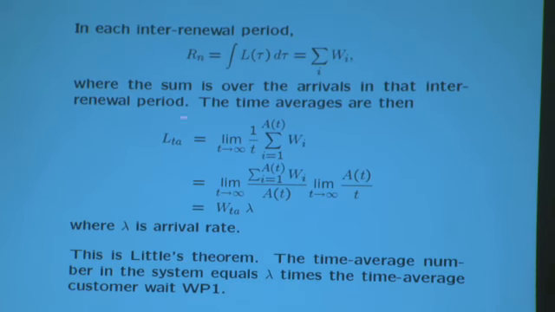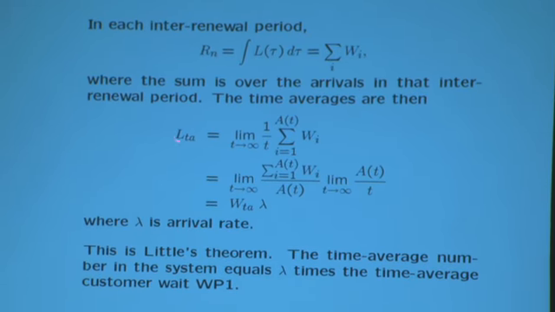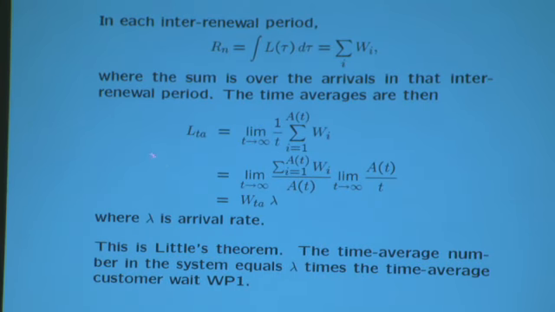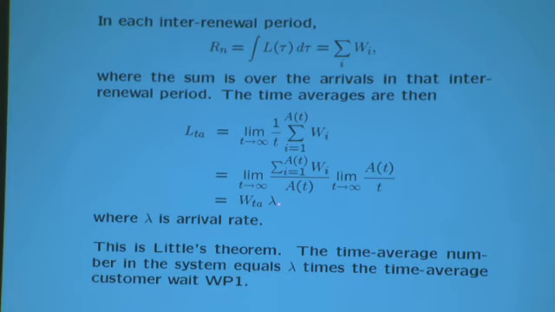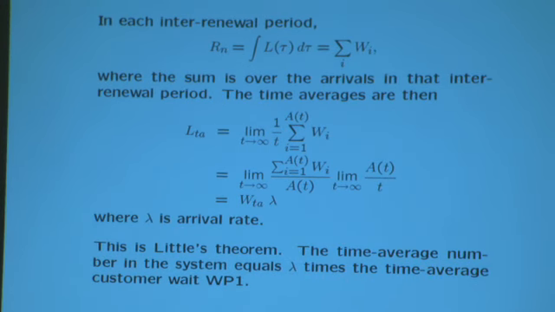So what Little's theorem says is that the time average of the expected number of customers in the system at a given time is equal to lambda, the arrival rate, A of t over t, times the expected delay that each customer experiences. Okay? That's a very useful relationship.